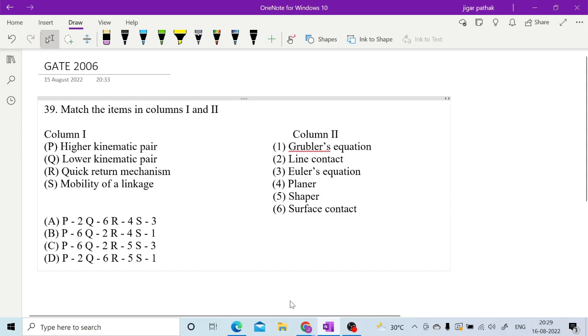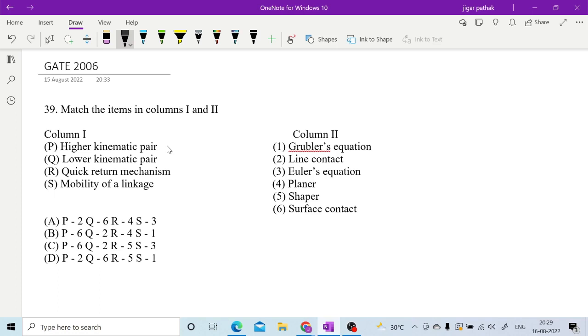So directly I can tell you that this higher pair means you are having this line contact, right? So here when you are having a higher pair it means line contact, when you are having lower pair means surface contact.